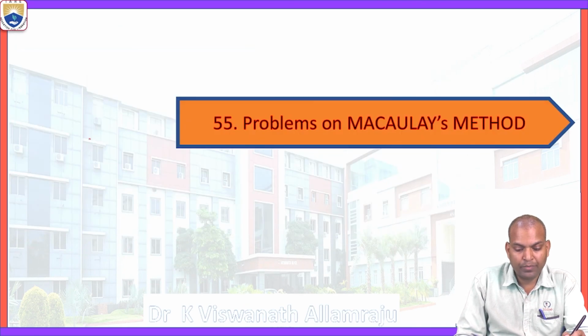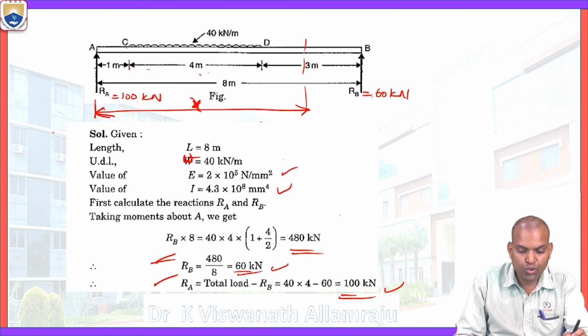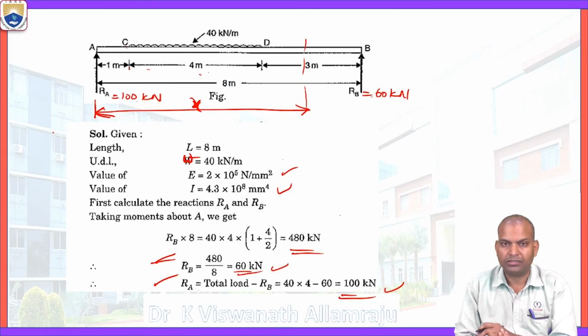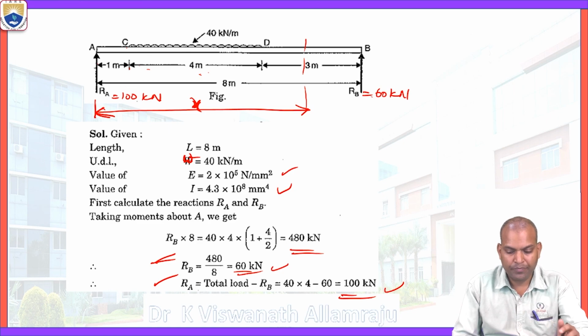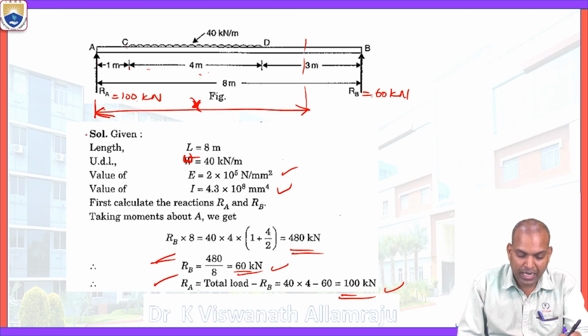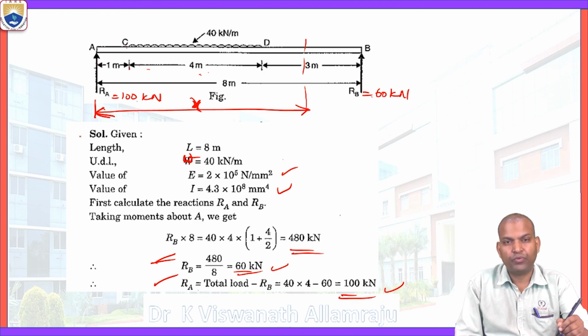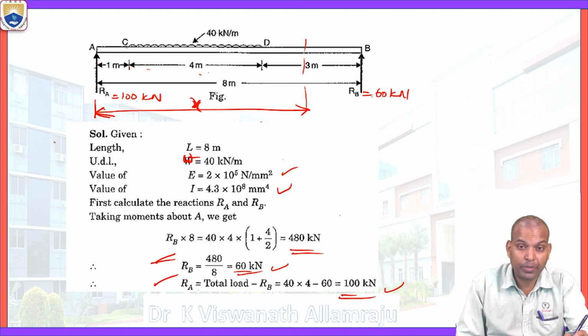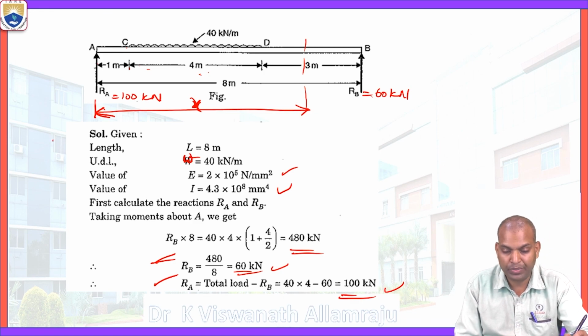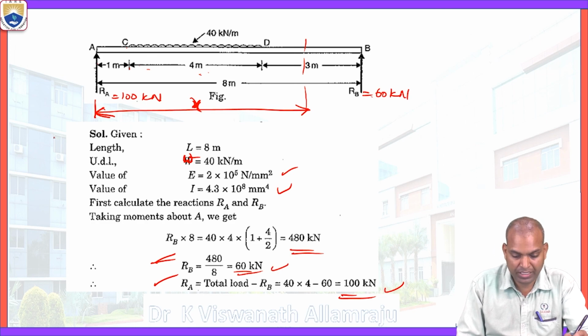And one more problem is a uniformly distributed load acting on a simply supported beam, and we calculated the maximum deflection and also the location of maximum deflection, and the deflection at the midpoint of the beam, that is here 4 meters.